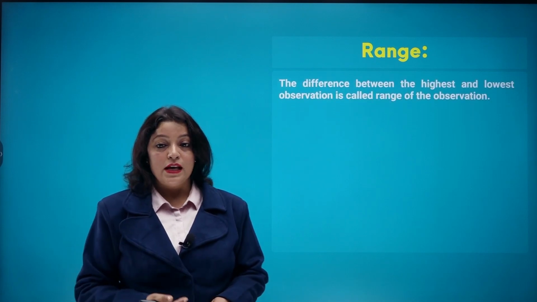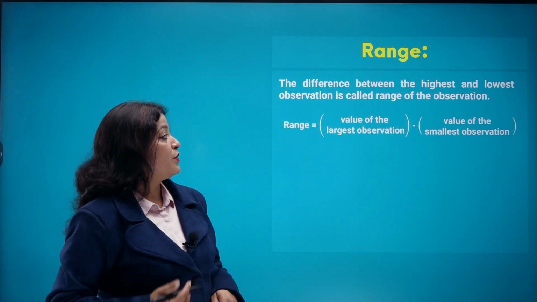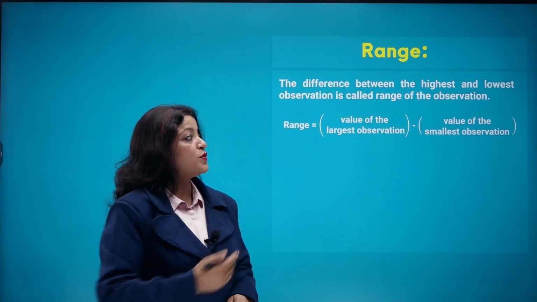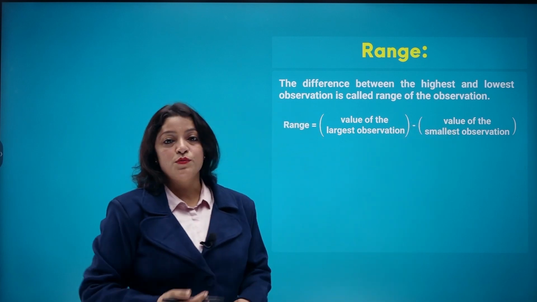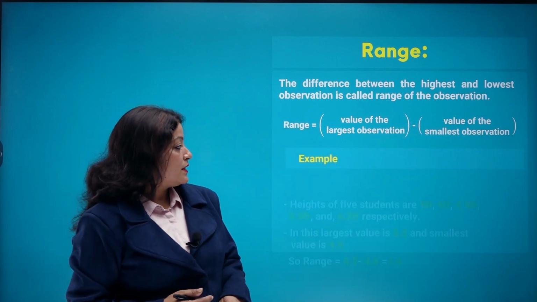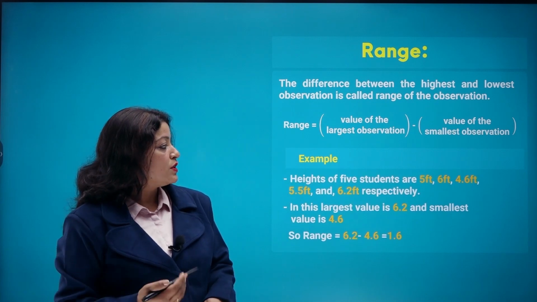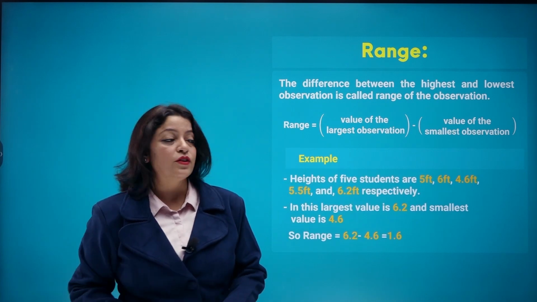But here when we are talking about range, we are talking about the difference between the highest observation and the lowest observation. We represent it as the value of the largest observation minus the value of the smallest observation. So let's take an example. If the heights of 5 students are given, what is the largest value here?